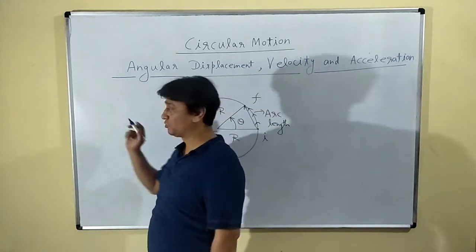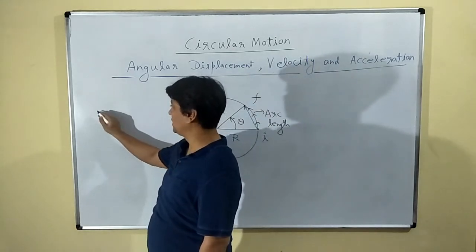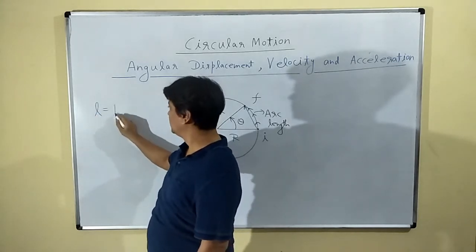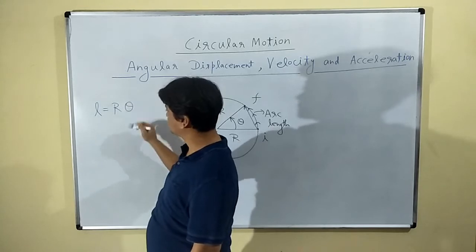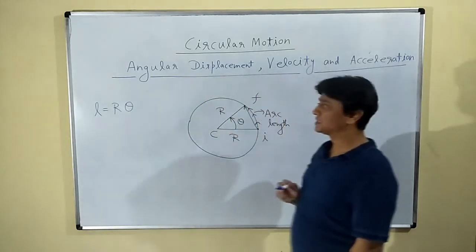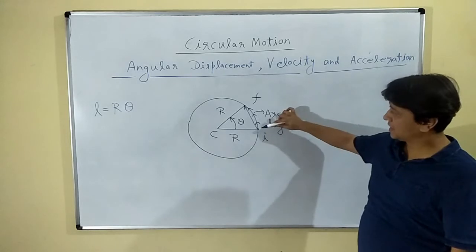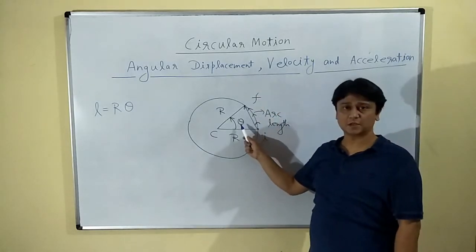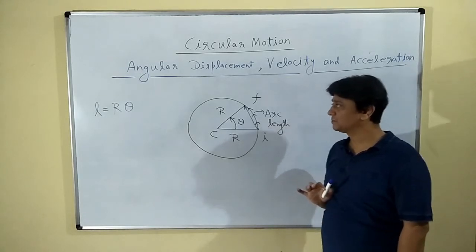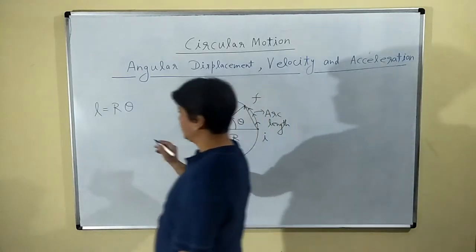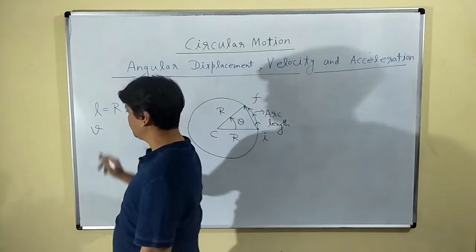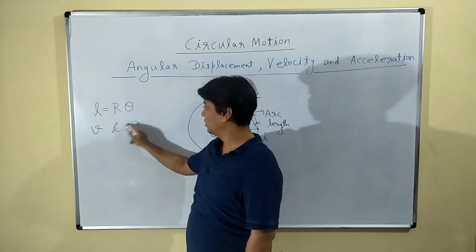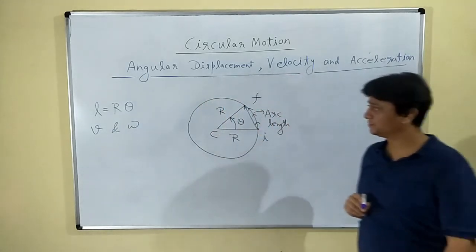अभी तक हमने क्या चीज रिलेट कर ली थी? हमने L, which was distance, इसको रिलेट कर दिया था किसके साथ? Angular displacement के साथ. Now we need a relationship between v, velocity, and omega, which is angular velocity.